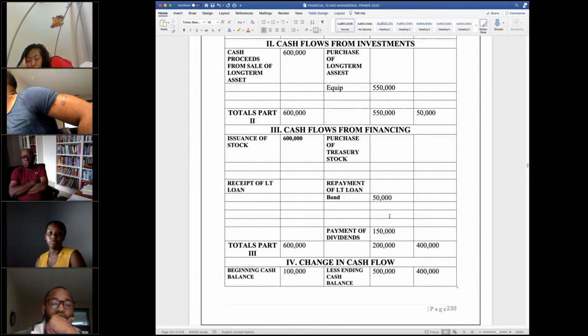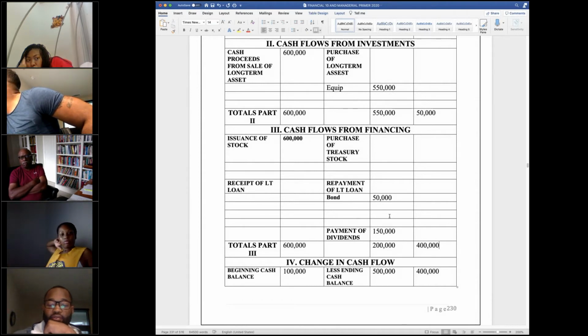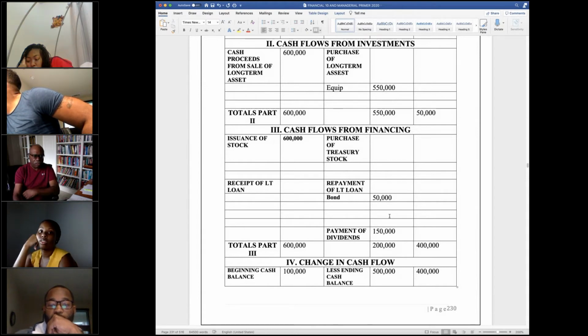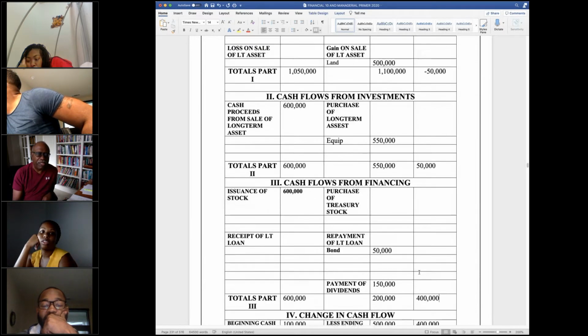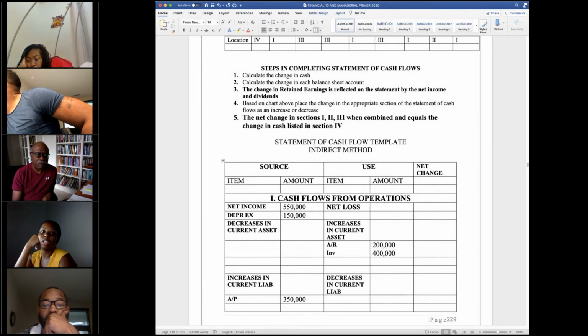So what you all need to do is to go to the first one and practice on it. See if you can do the first problem, and then be in office hours on Monday to go over it. Got it? Okay. So you see how to do it. What's the first thing I tell you to do? Put the beginning cash and the end cash on change of cash flow. Second thing? Put your net income. Third thing?